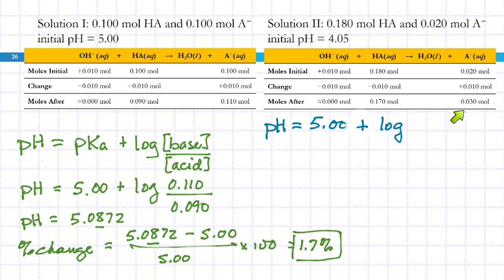We've got 0.03 moles in 1 liter. So that's 0.030 moles per liter. And our acid is 0.170 moles per liter. So the new pH is 4.2467.